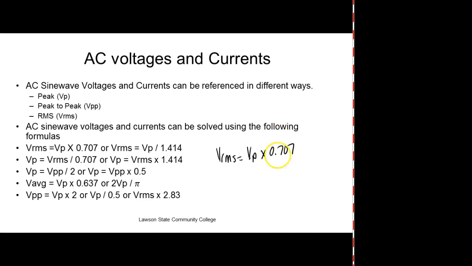So this is where 0.707 comes in. How many of y'all can remember 0.707? 0.707. And now we got it. We got a lot of numbers, but if you remember 0.707, guys, you got it. Because let's say I'm going from VRMS to VP.